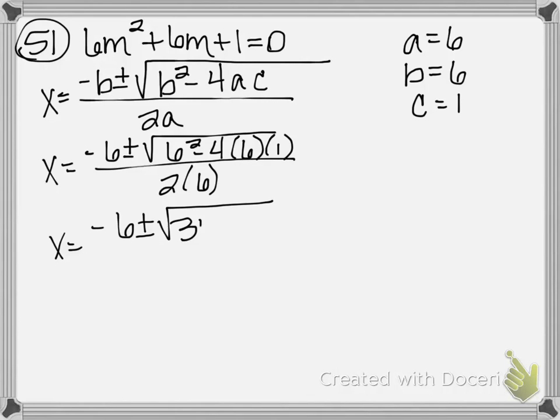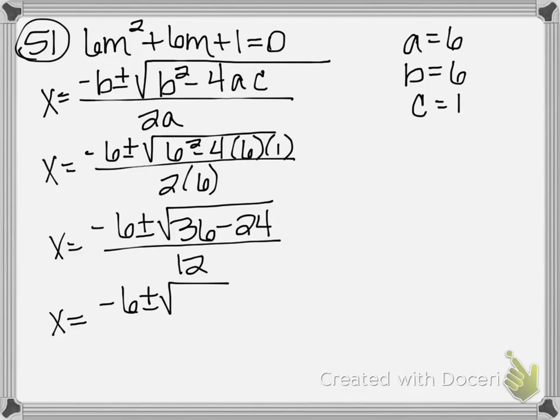It's going to be 36 minus 4 times 6 times 1, so that's 24, all over 12. So negative 6 plus minus the square root of 36 minus 24, which is 12, all over 12. So that's pretty much my answer.